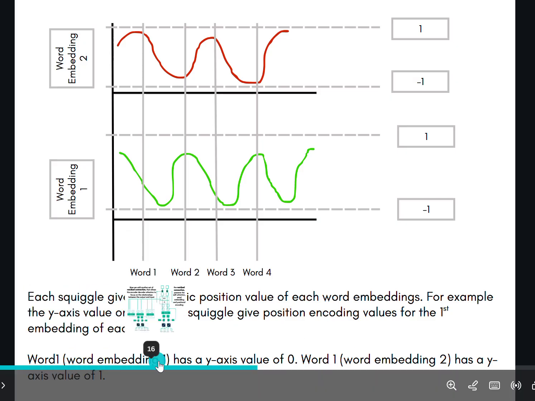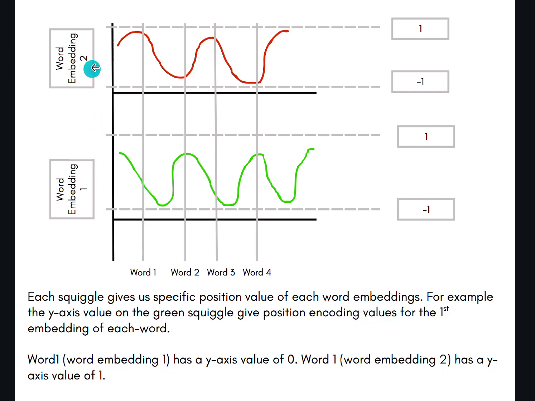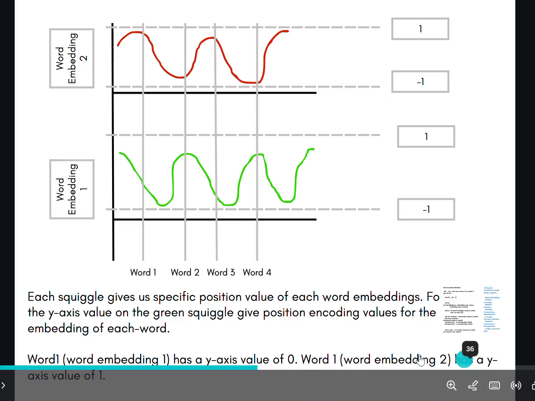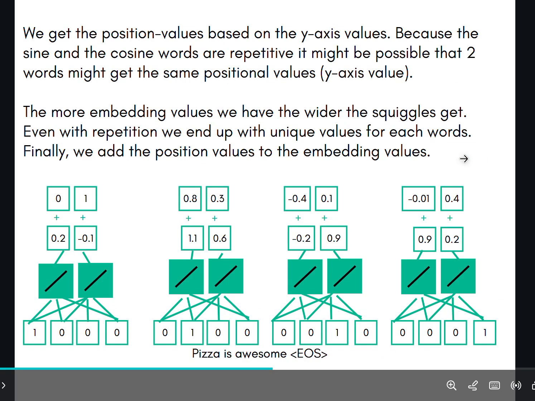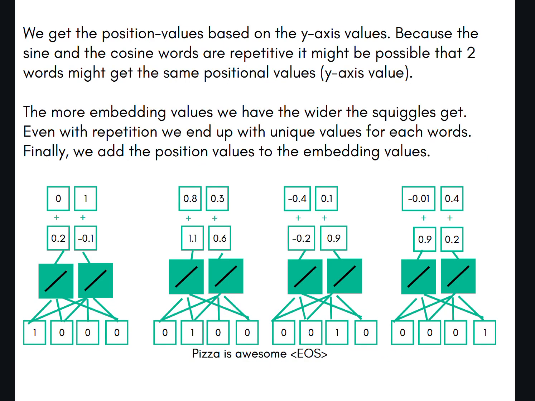Word 1, word embedding 1 has a y-axis value of 0. Word 1, word embedding 2. Because there are two embeddings, one per squiggle, this is my word 1, which has the values 0 and 1. See, on the y-axis, it has a value of 1. Okay, so we get the positional values based on the y-axis.